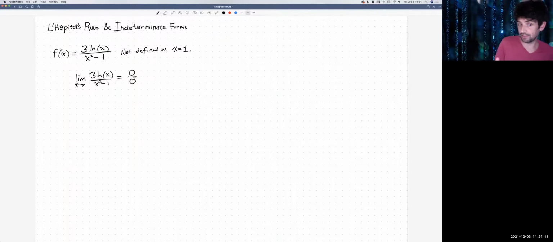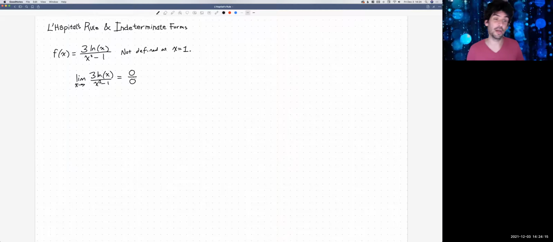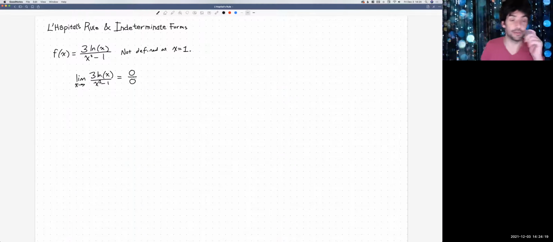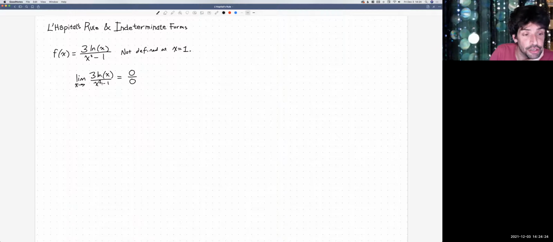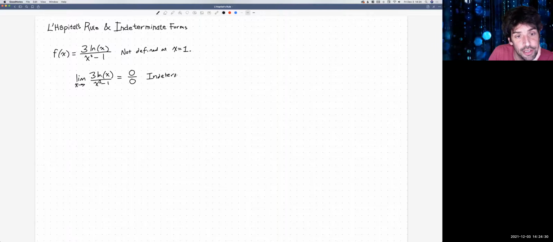You might have a limit that sometimes looks like 0 over 0, and if you do some manipulation, you get 1, but as a rule, you can't decide that 0 over 0 is equal to 1. It's not defined as a number, and in terms of limits, this is what we would call an indeterminate form because it doesn't determine for us anything about the limit.